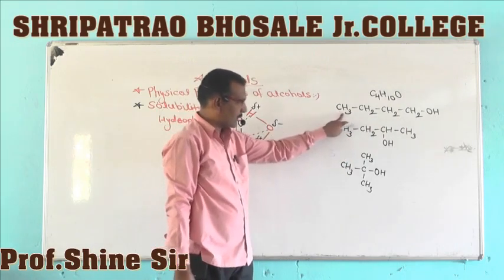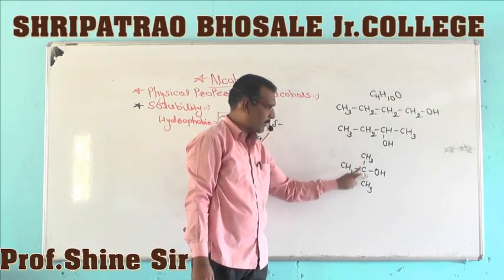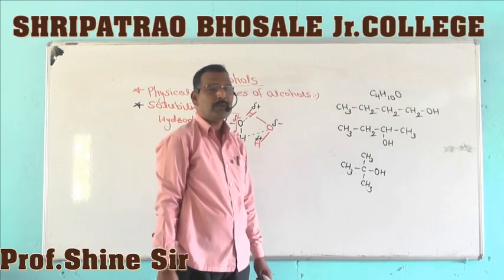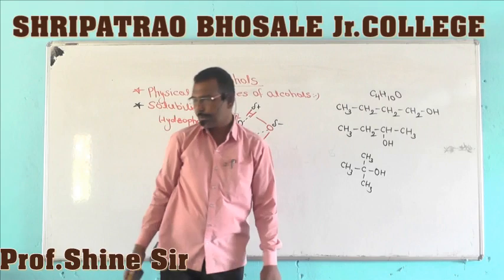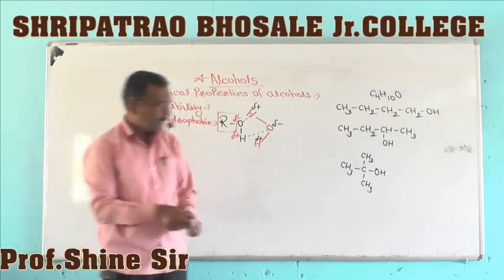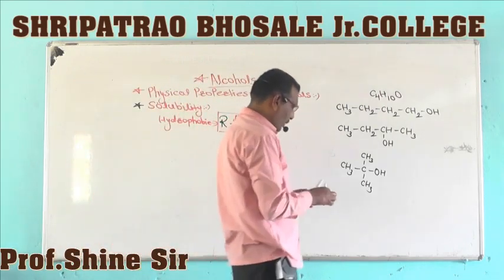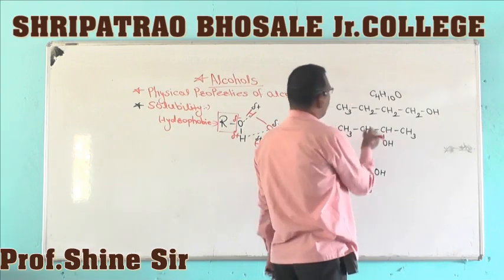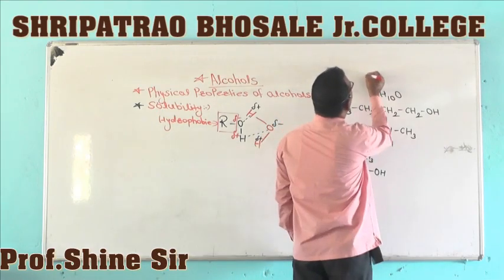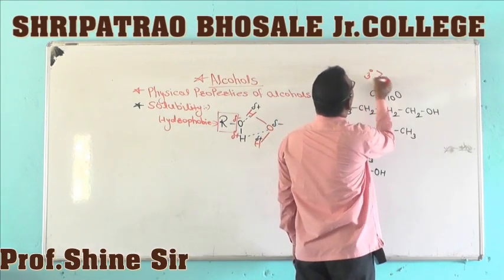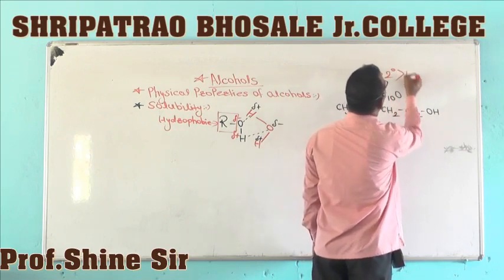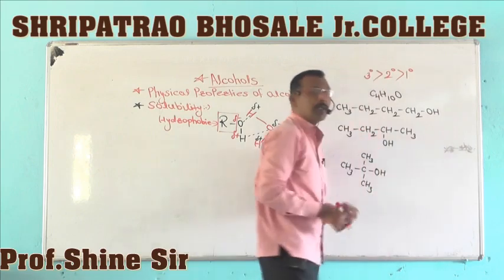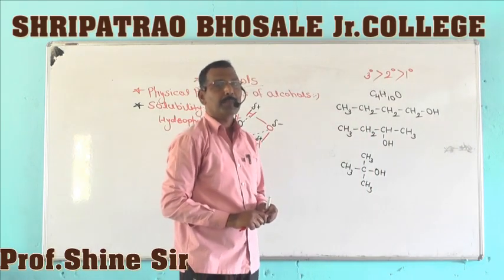These three isomers are n-butyl alcohol, secondary butyl alcohol, and tertiary butyl alcohol. In the case of isomeric alcohols, the solubility order is: tertiary alcohol is more soluble than secondary alcohol, which is more soluble than primary alcohol.